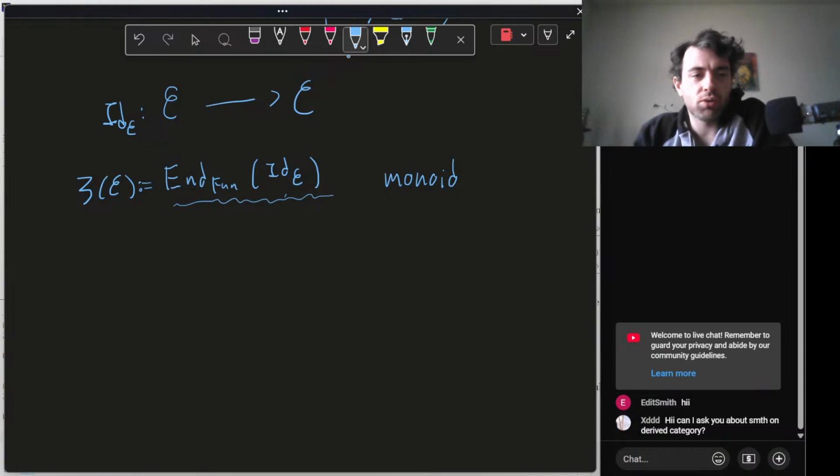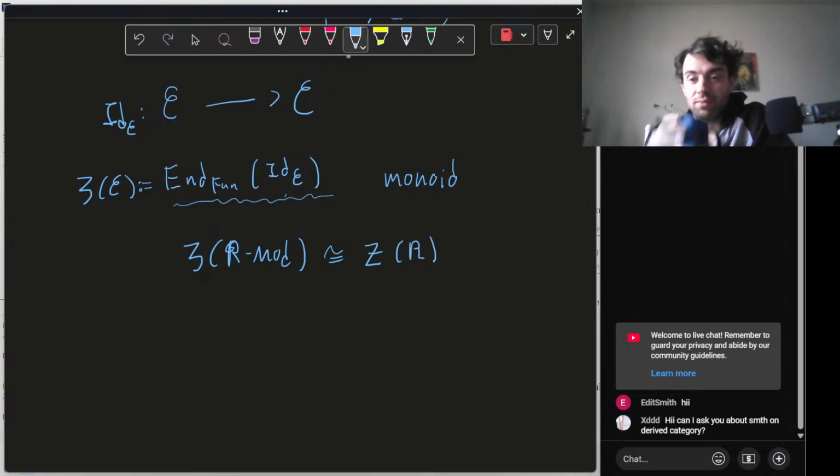And the claim, maybe this is the reason why it's called the center of the category, is that the center of the category of R modules is not only a monoid, but has a ring structure, and as a ring, it is isomorphic to the center of R, the center of the ring you started with.